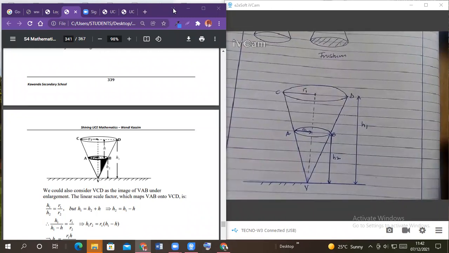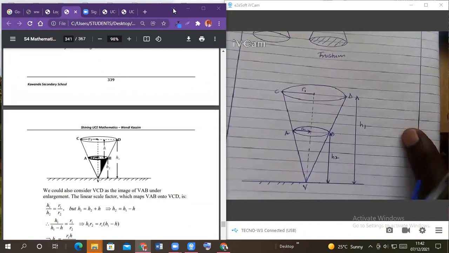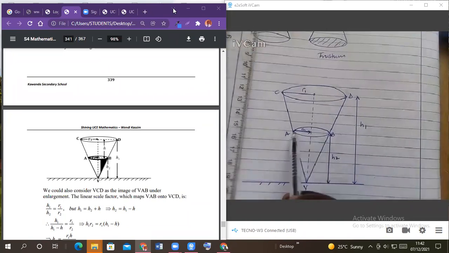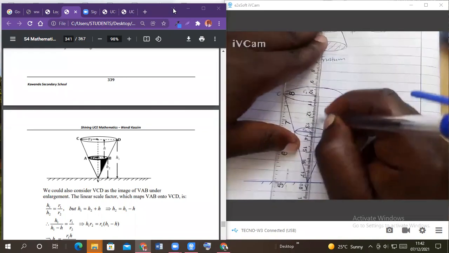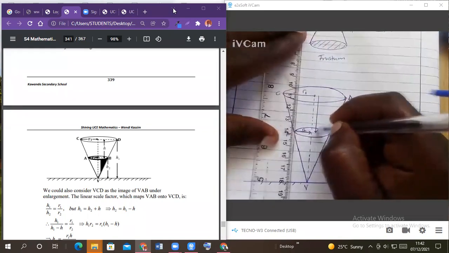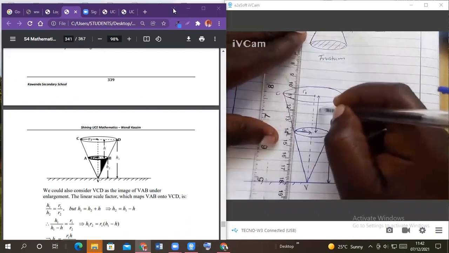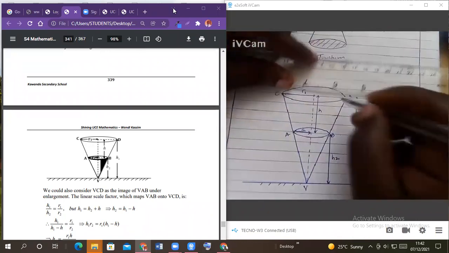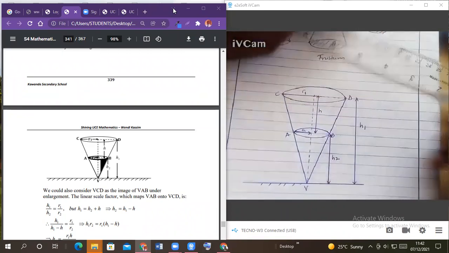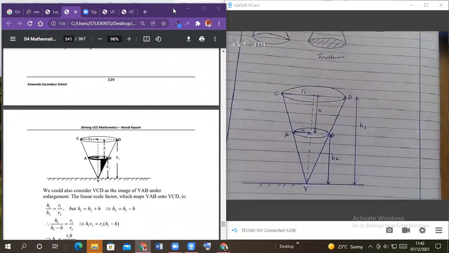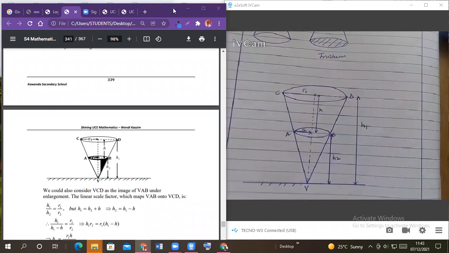So if we remove the smaller cone here, we have to get the height of the remaining part, which is H. I'll use the two lines like that, which is H. That is the height of the frustum.